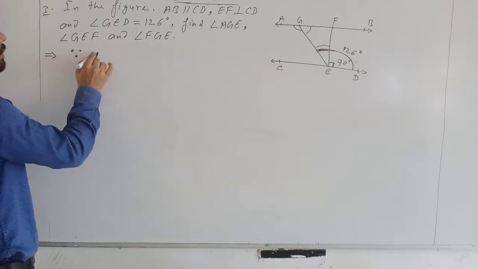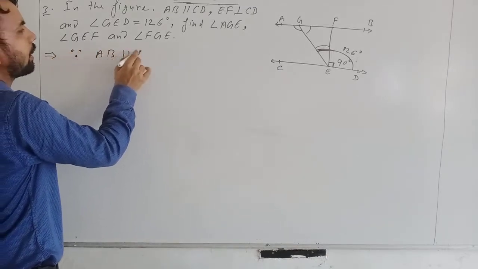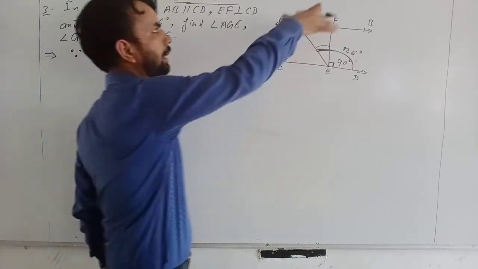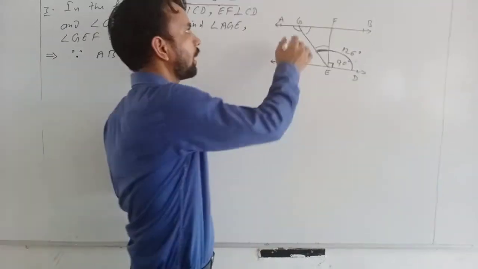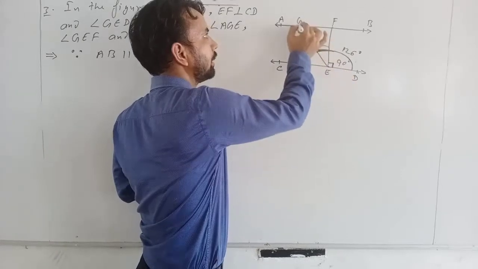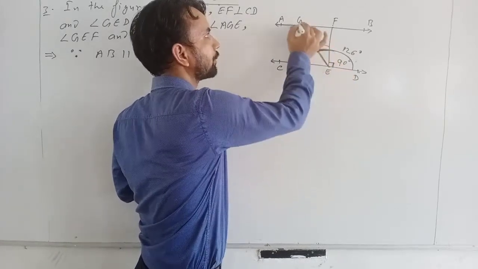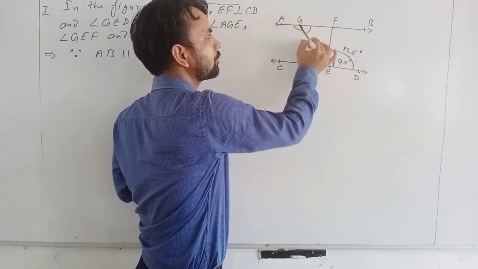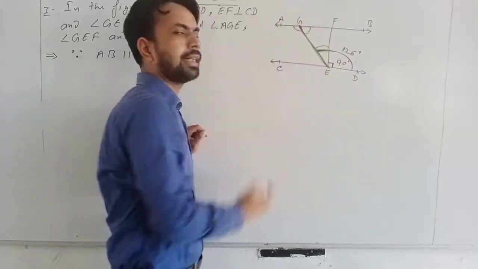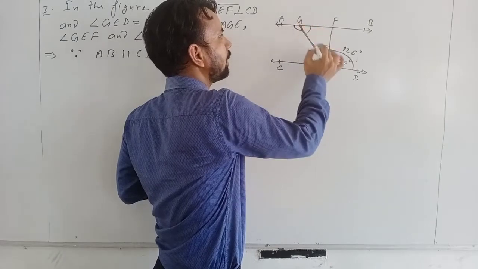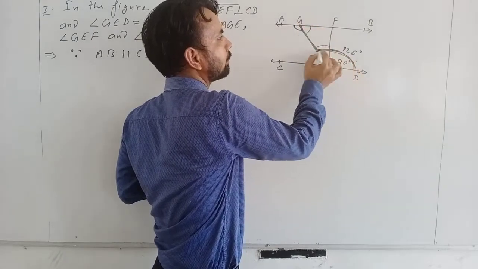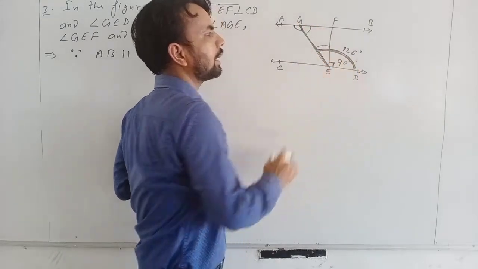Since AB is parallel to CD, and GE is the transversal, then this angle and this whole angle will be alternate interior angles.